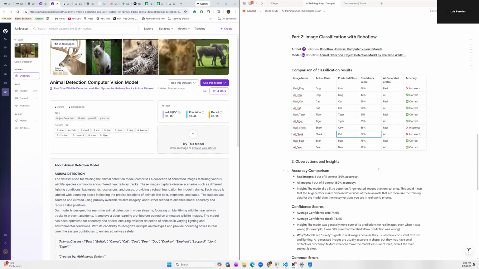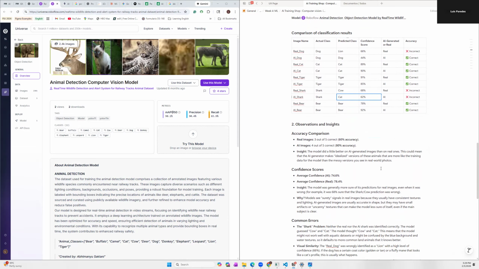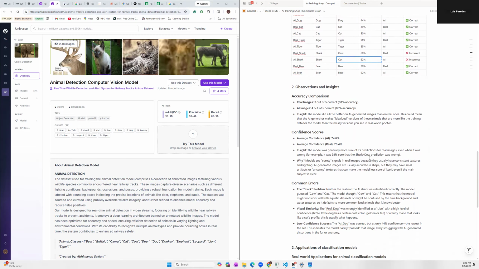Overall, the observations and insights about the accuracy comparison: for the real images we have 3 out of 5 correct, so 60% accuracy. For the AI images, 4 out of 5, so I could say 80% accuracy.